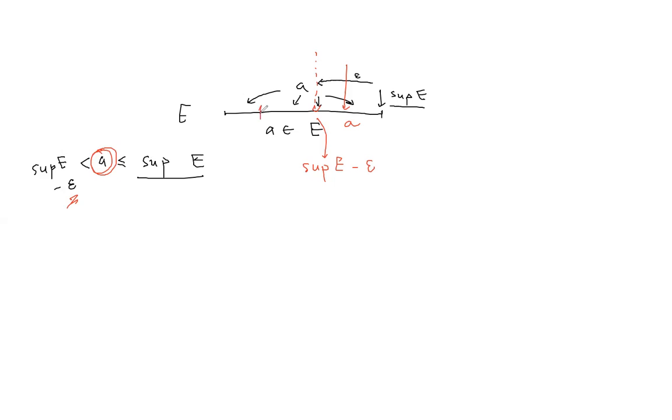For example, if your A is here, then your epsilon will go somewhere around here, so your sup E minus epsilon will be sitting here, and your A will be trapped between here and here. So this epsilon will depend on what element A is. The theorem just asserts that you can always find something like this.